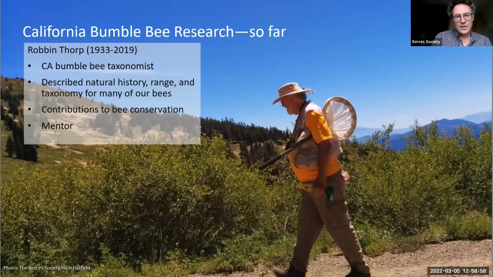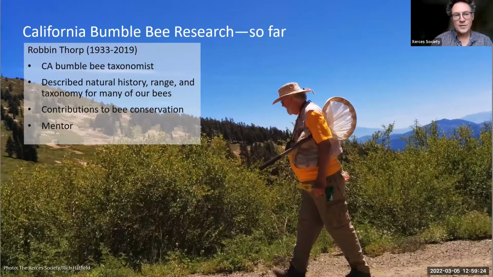So again, I just wanted to note that we are not the first people to go down this road. We stand on the shoulders of a number of folks who have collected information about bumblebees in California. And lots of what I'll tell you in this module comes from the work of those folks. And I'm again going to recognize Dr. Robin Thorpe, who taught at UC Davis and passed away in 2019.